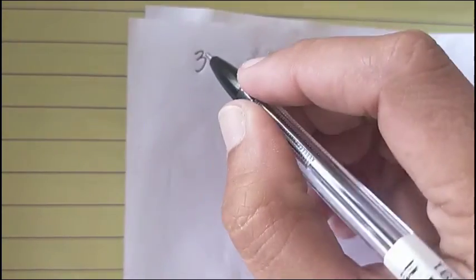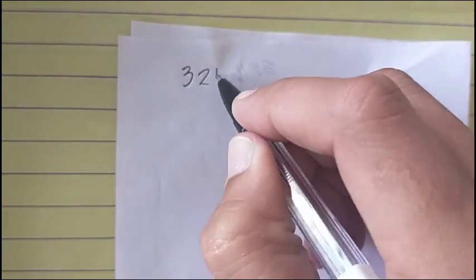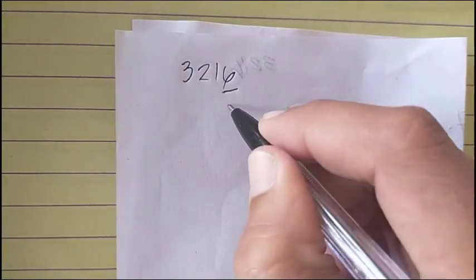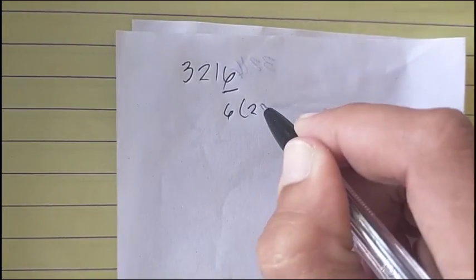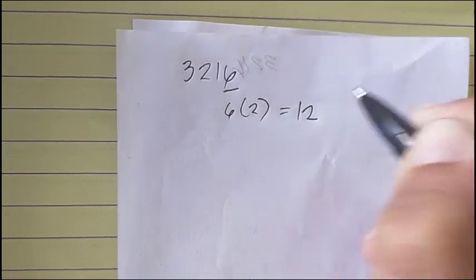Another example. Using the divisibility rule of 7, find out if 3,216 is divisible by 7. Step 1, multiply the last digit, which is 6, by 2. 6 times 2 is equal to 12.